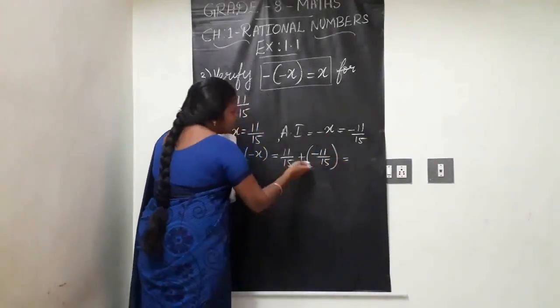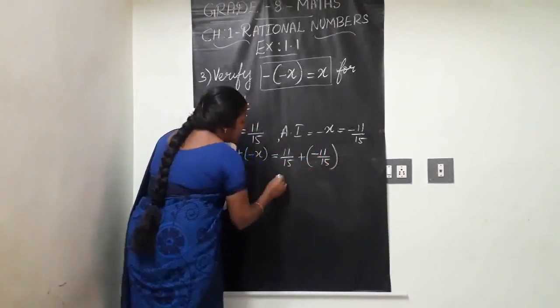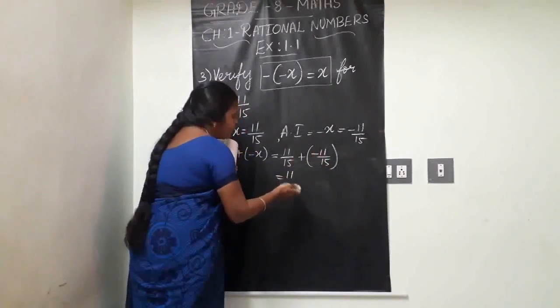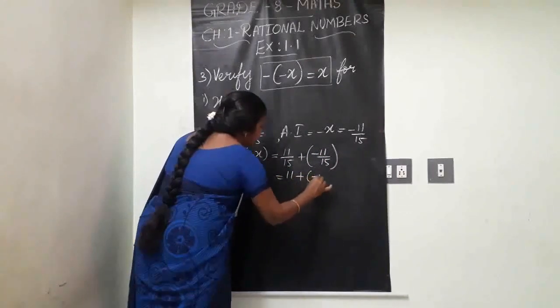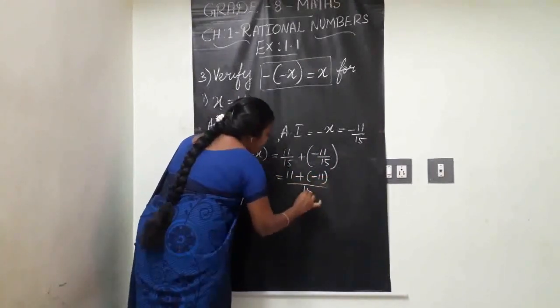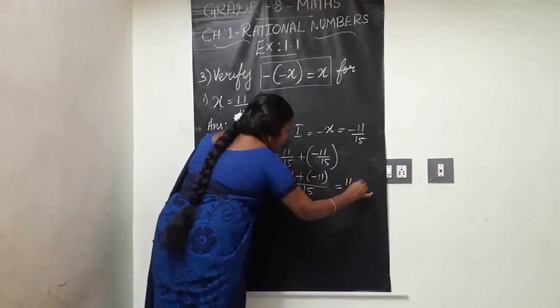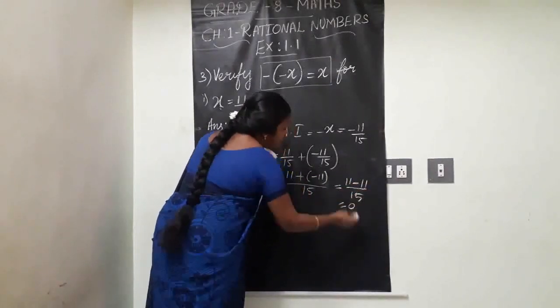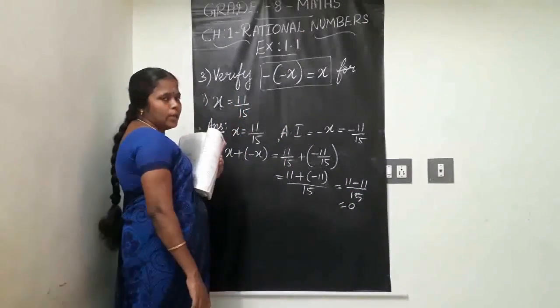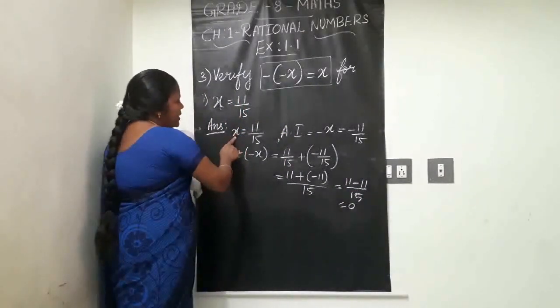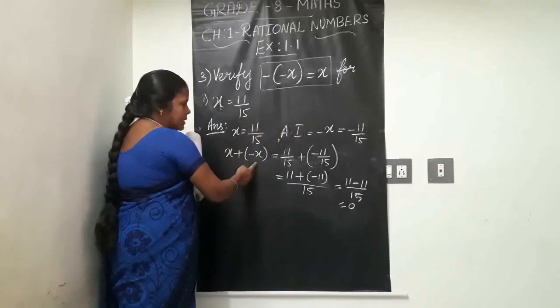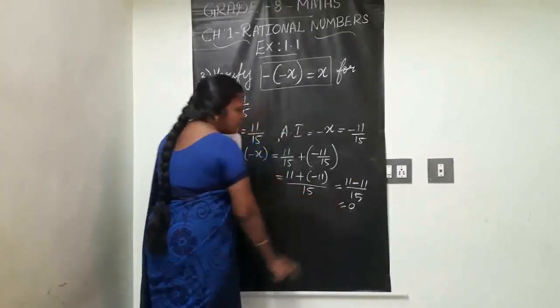Addition of like fractions. So what comes? Sum of the numerators by the denominator. That you know well. So 11 plus minus 11 by 15 is equal to 11 minus 11 by 15 is equal to 0 by 15, nothing but 0. Clear? So x added with its additive inverse minus x, at that time we are getting answer 0.